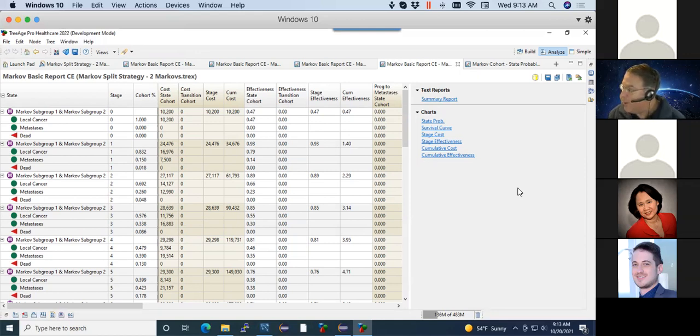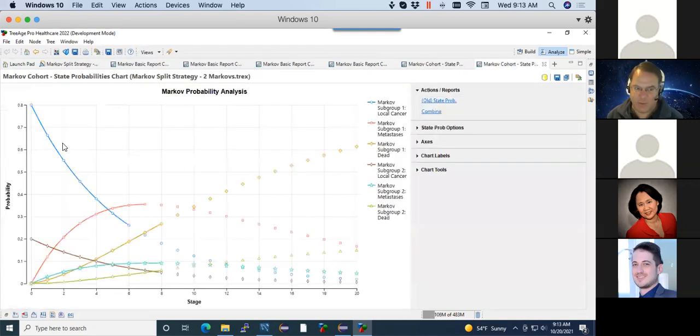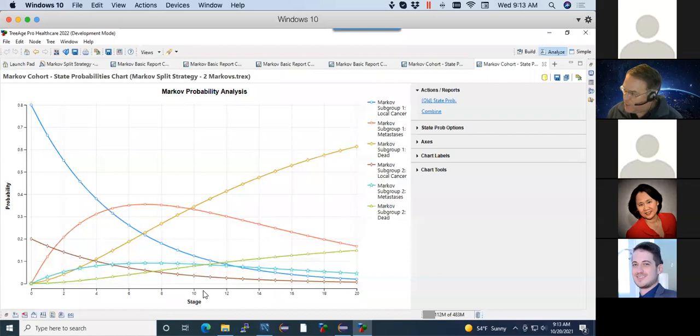Okay, well, I'm hoping, can we have combined groups in the graphs too? Yes, so here, this was the combined one. This was the combined cohort report, but without the merging of the states. If I run the state prop on that, then the 6 states will be separate, like local cancer for each subgroup, metastases for each, et cetera.